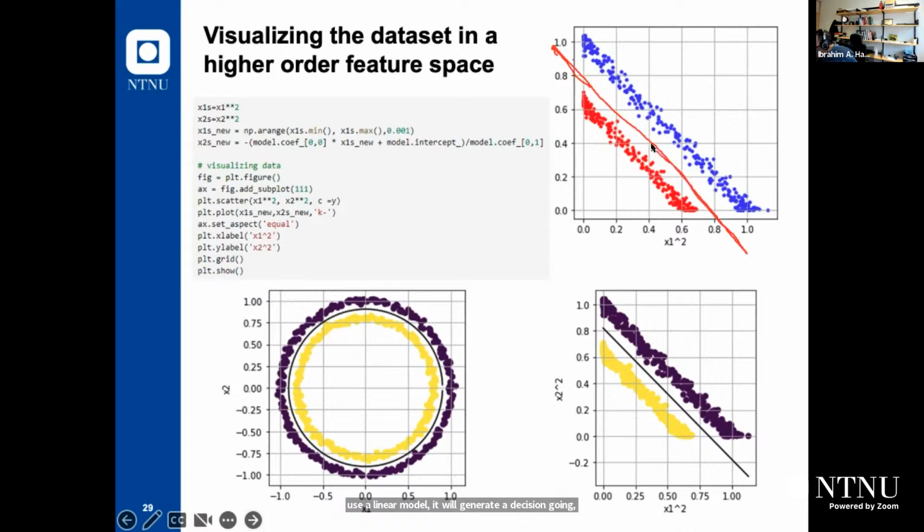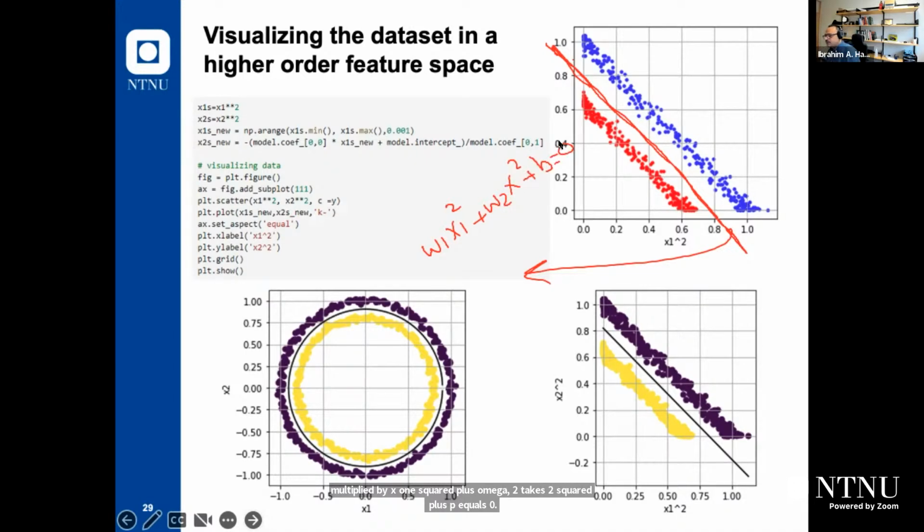So this is my decision line, but in fact it's a function of x1 square and x2 square. So the equation of this line is omega1 multiplied by x1 square plus omega2 x2 square plus p equals 0. So this is my decision line, which is a completely straight line in this higher order feature space, because I'm plotting my data against x1 square and x2 square.